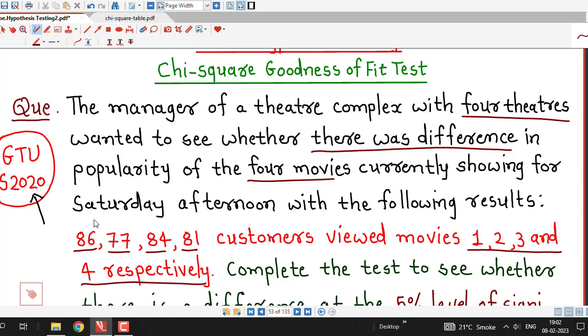That means they have given the sample data in which 86 customers viewed movie number 1, which is running in the first theatre. Similarly, 77 customers viewed movie number 2, 84 customers viewed movie number 3 and 81 customers viewed movie number 4. So these are the numbers of customers who viewed these 4 movies running in the 4 theatres of that manager.